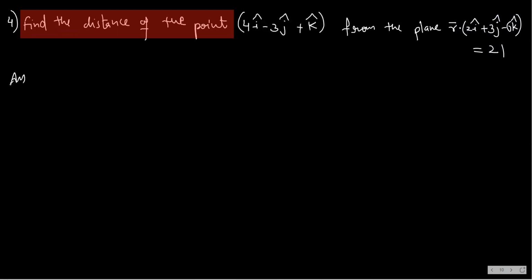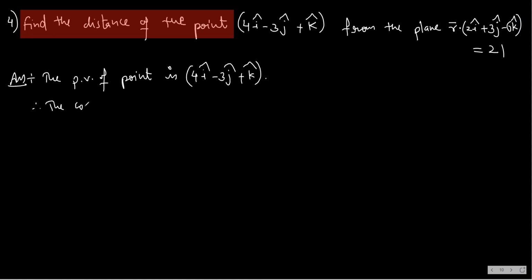I will write the given point, the position vector of point is 4i cap minus 3j cap plus k cap. Therefore, the coordinates of point are 4 comma minus 3 comma 1.